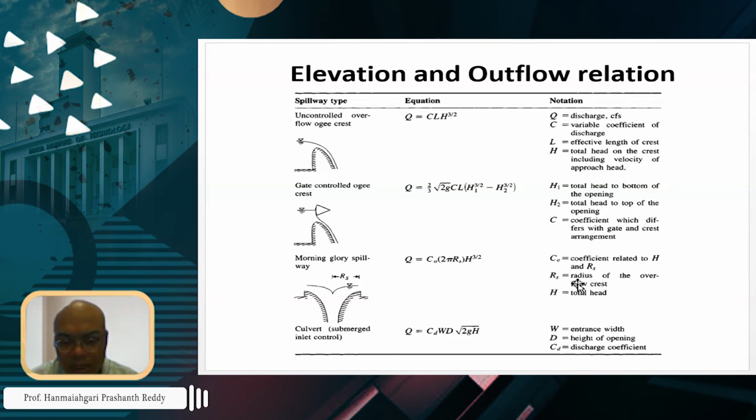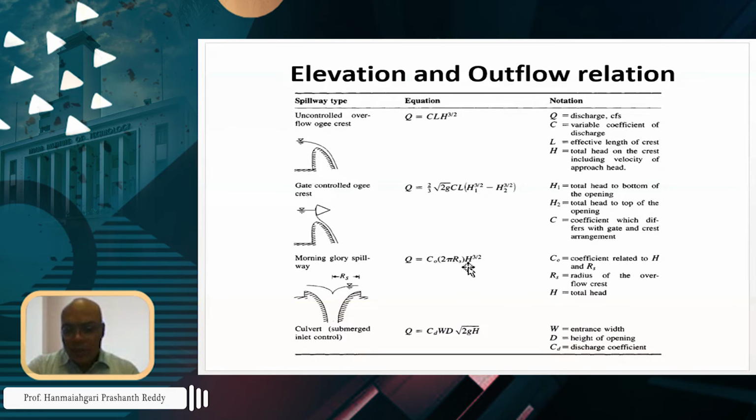it is used in earthen dams, where there is a pipe inside the reservoir, and that pipe goes through a tunnel, and water is brought down to the downstream of the dam. You can search in Google; there are a few reservoirs in this world which have these morning glory spillways.